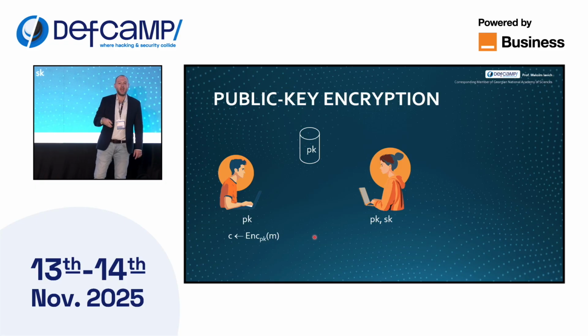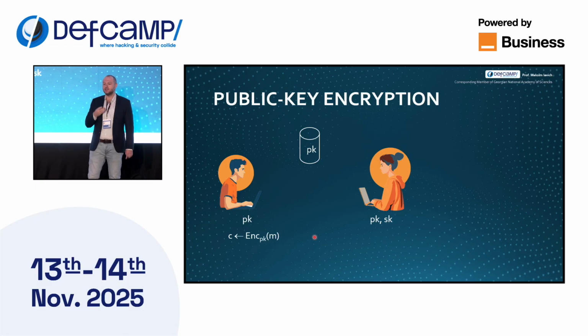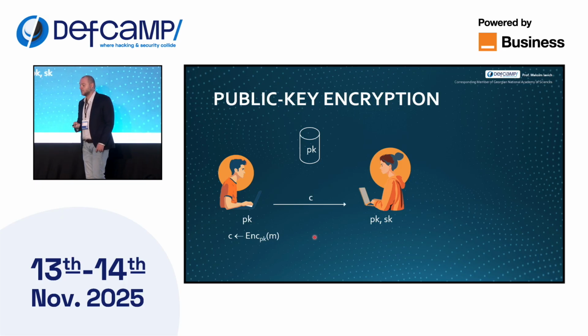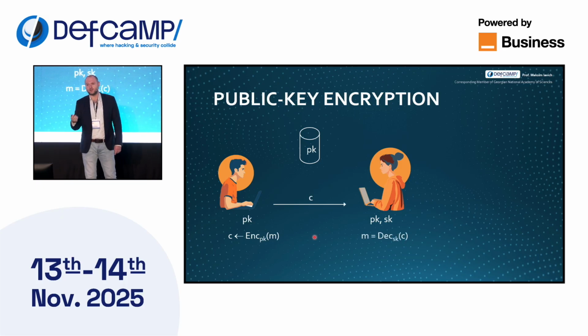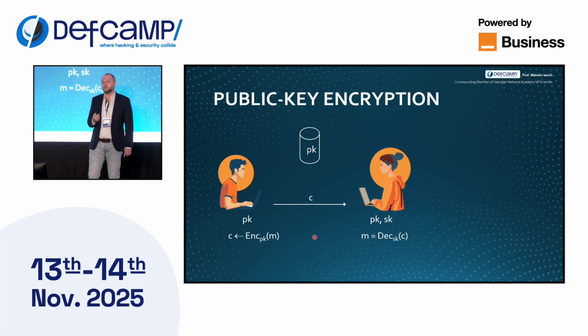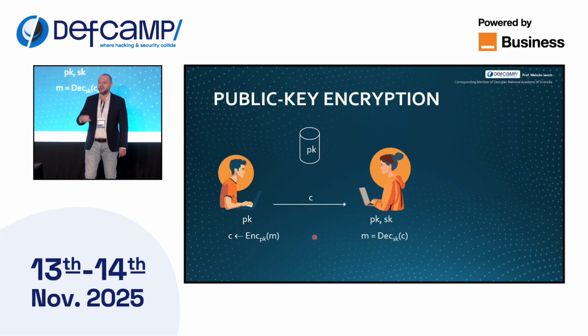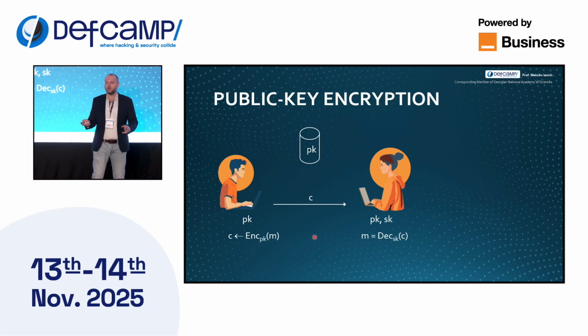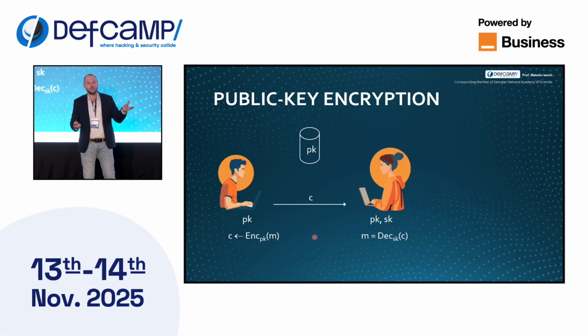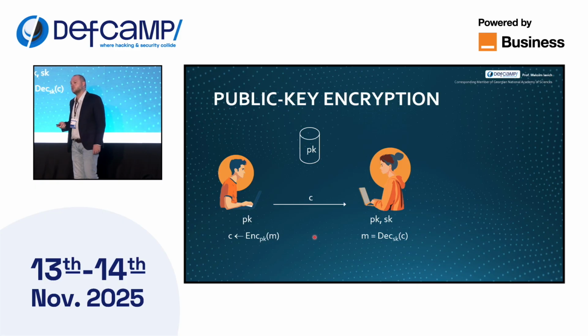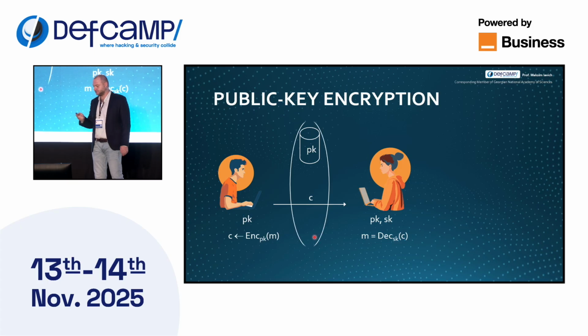So guys, everybody can encrypt the message. He sends the cipher to Alice. Only Alice can decrypt the cipher because only she has the secret key. So encryption is done with the public key, decryption is done with the secret key.